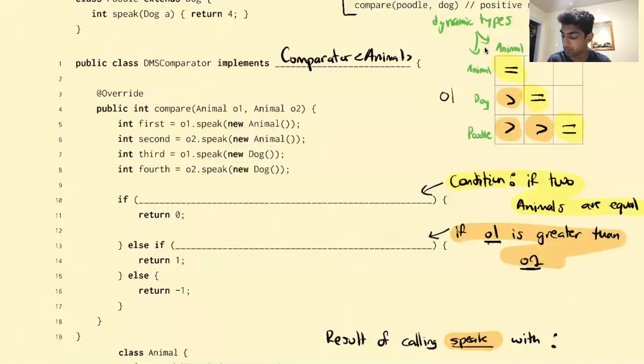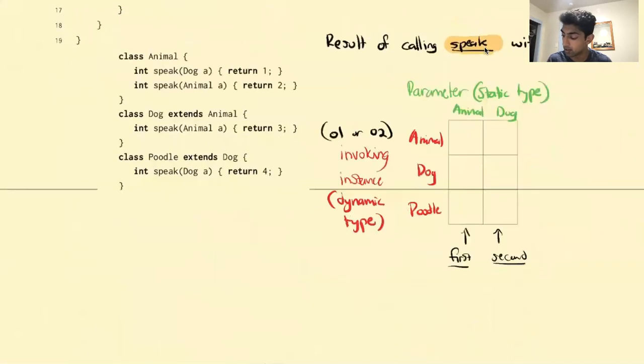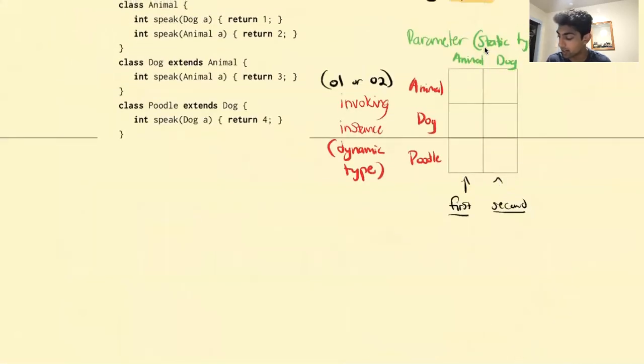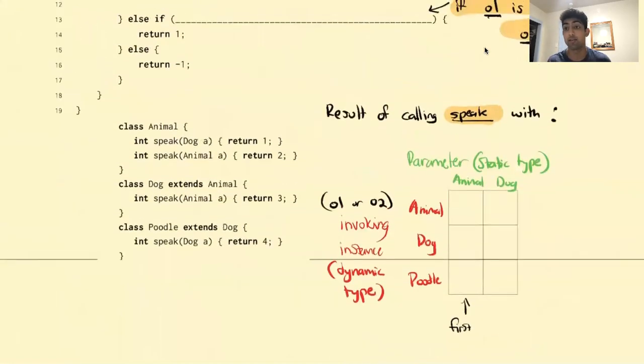Over here, this diagram isn't drawn correctly, but the first column will correspond to potential values of first and second, and then this column will correspond to values of third and fourth.